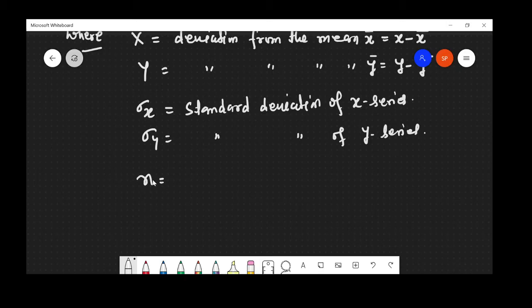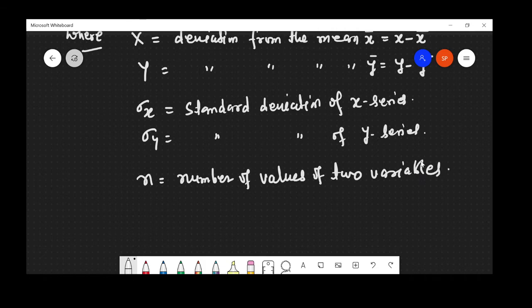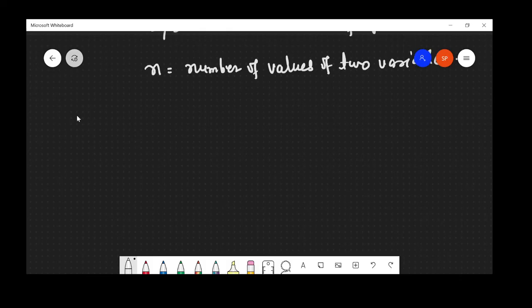Here n is the number of values of the two variables.